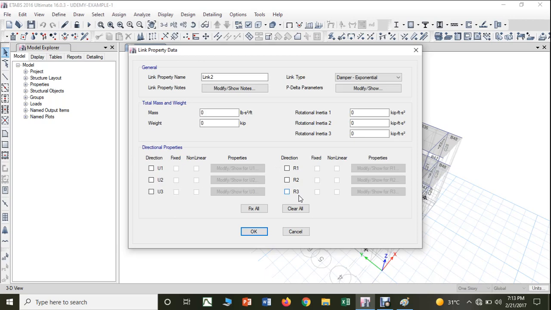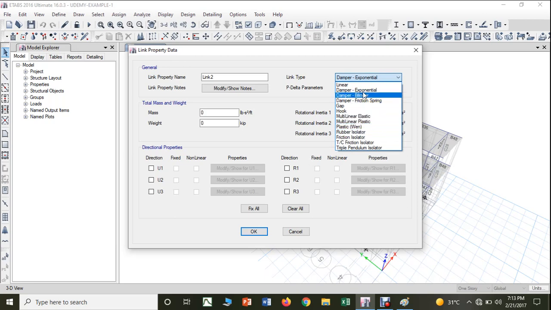Now you have an option that you can define the damper or the gap, hook, plastic, elastic, Wen or isolators in such a way that you can make all 6 degrees of freedom work, or you can make any 3 degrees of freedom, or any other combination.